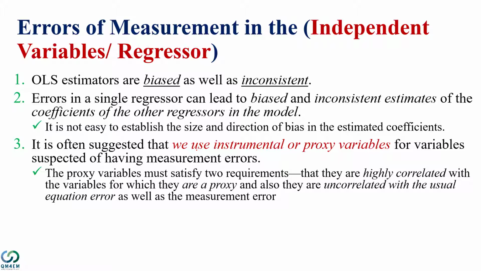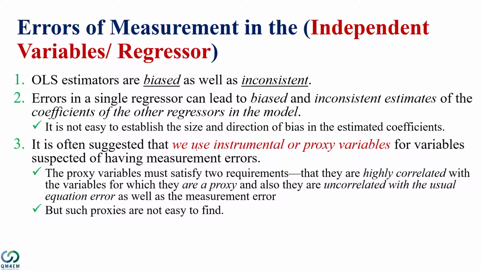But the problem which it introduces is that finding such proxies is not easy. It's not easy to find a variable that's very strongly correlated with another variable, but at the same time is free from measurement error, whereas the variable with which it is correlated is full of measurement errors. So that's not easy to find.